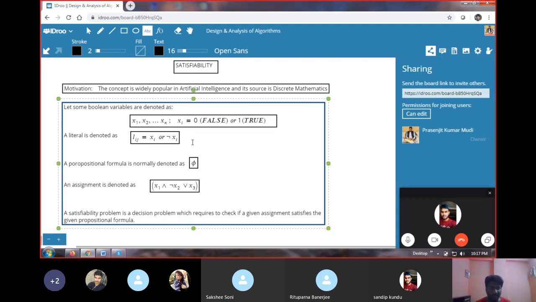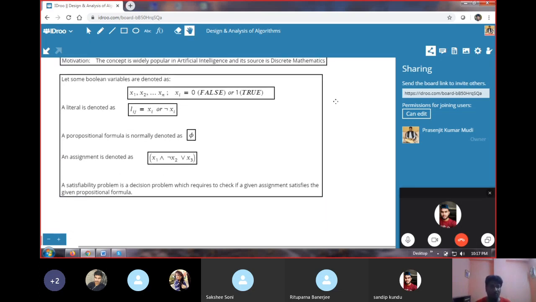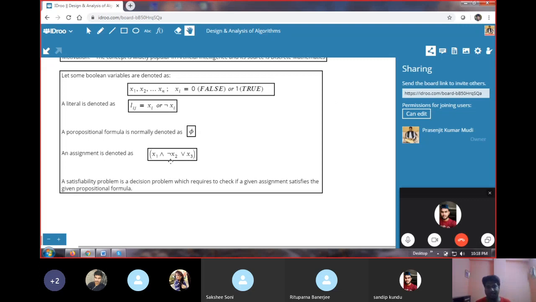So this is a satisfiability problem, and it's a decision problem. Its answer will be either yes or no. The assignment is satisfying, yes or no. Okay, fine.